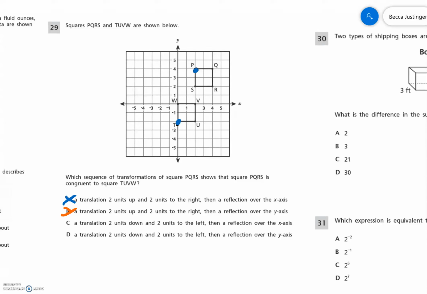Alright, let's try 2 units down, 2 units to the left, and a reflection over the x-axis. That would land us right on top, and that's what we're looking for. We can try the last one just in case. Translation 2 units down, 2 units to the left would get us here. Reflection over the y-axis would have us stay. That's not what we want.